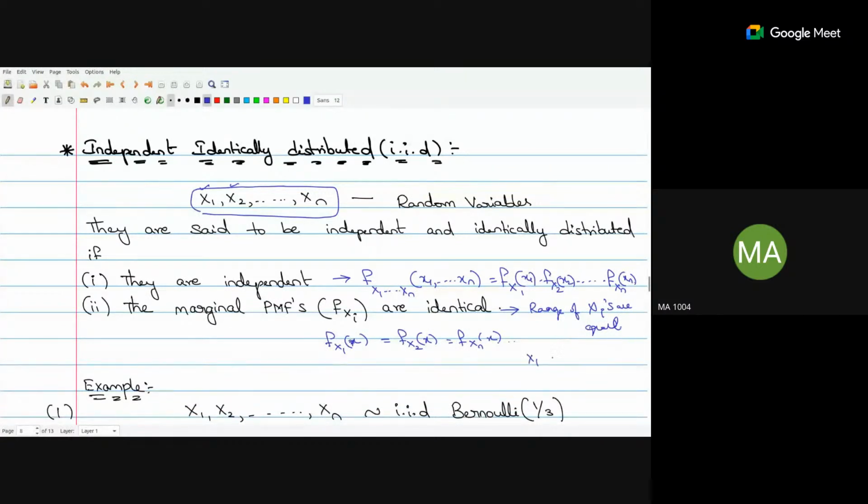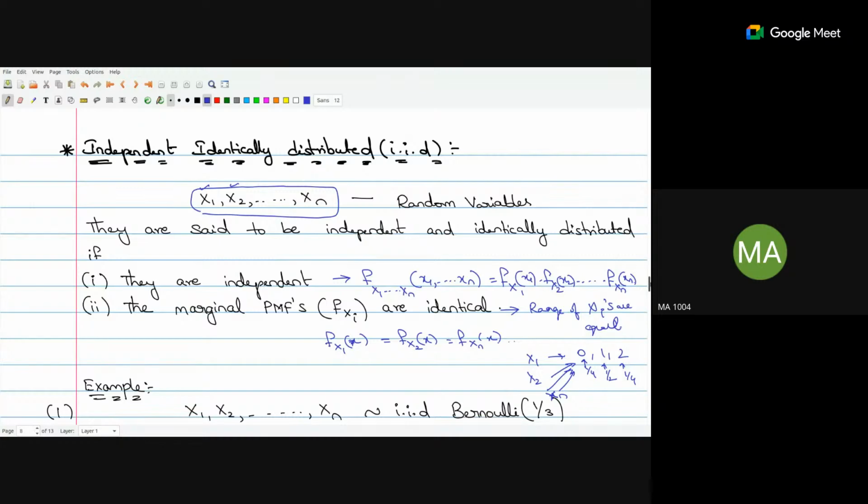So when x1 is taking values 0, 1, 2, x2 will also take values 0, 1, 2, and all xn also will take 0, 1, 2. If x1 is taking 0 with probability 1 by 4, 1 with probability half, and 2 with probability 1 by 4, then x2 also follows the same distribution, x3 also follows the same distribution, xn also follows the same distribution. And added to that, x1 is independent of x2, x2 is independent of x3, every two random variables are independent of each other. Then I can say x1 to xn are IID random variables.